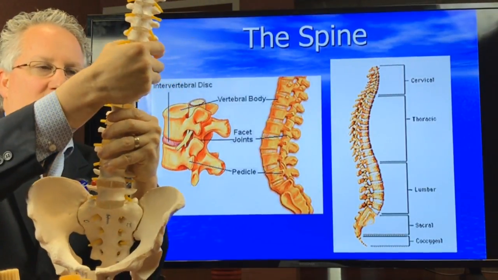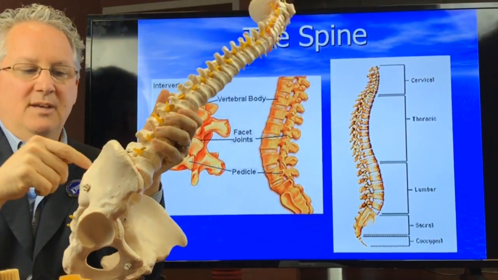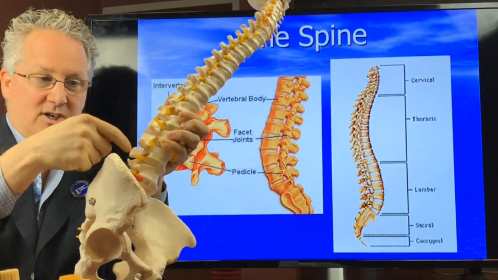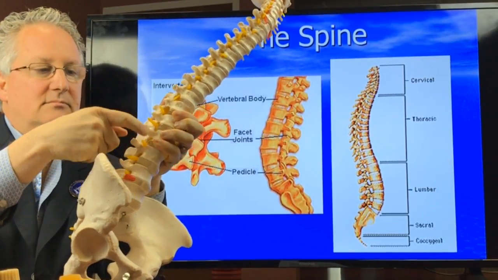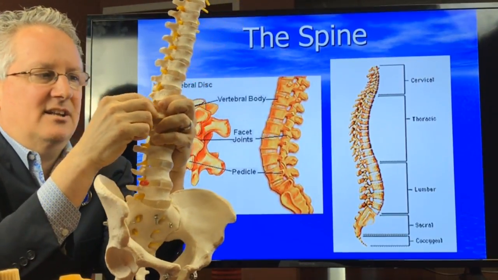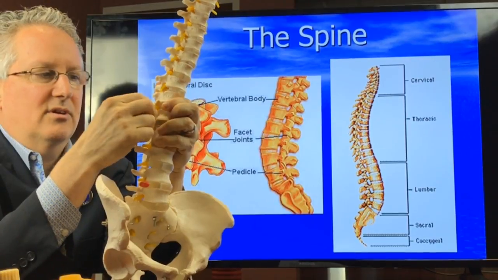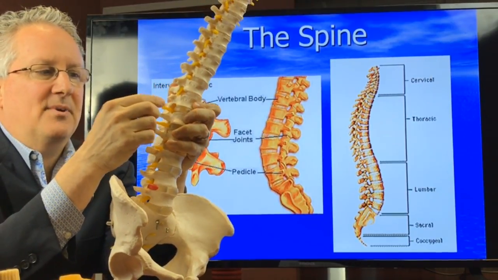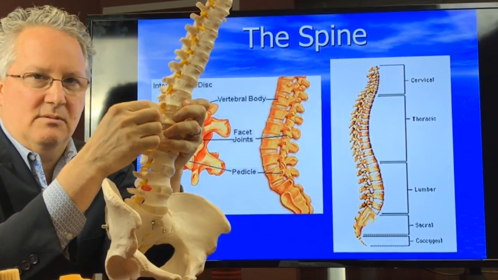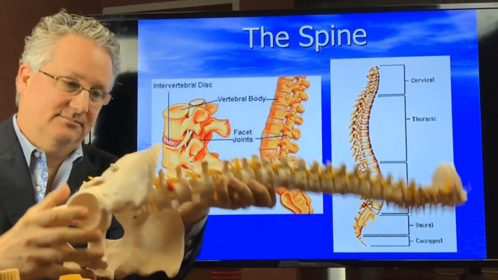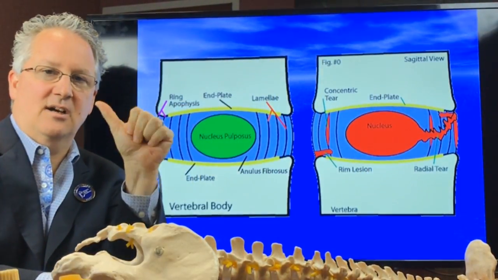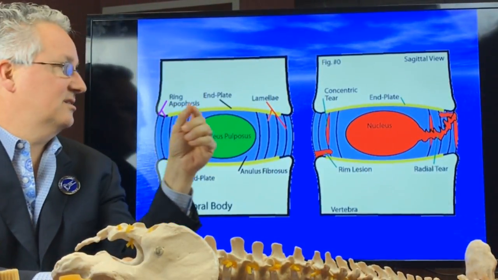In between each vertebrae, where the disc is, there's an opening called the foramen, and it's through the foramen that nerves exit directly off of the spinal cord. Sometimes you can have a problem with your disc, which will start to cause problems with the nerves, and we've talked about that. That's the sciatica. There are 5 causes of sciatica, and probably the main cause is the herniated disc.